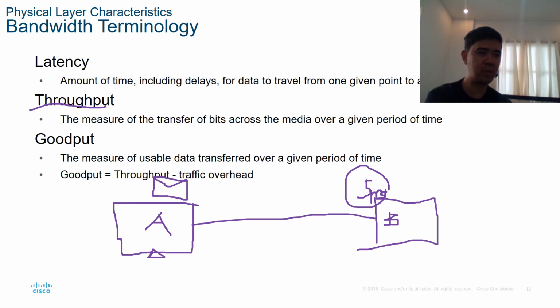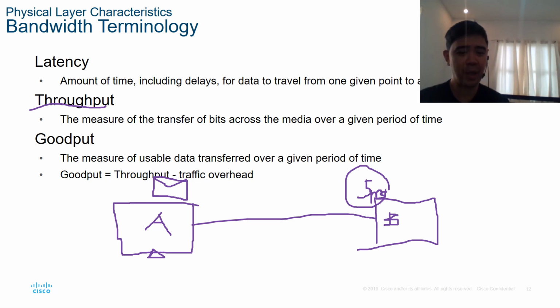We usually complain about that. It's not 5 Mbps. Sometimes it's only 500 kbps or 1 Mbps at this time or most of the time. So that actual speed that we measure, the right term for that is throughput. The measure of transfer of bits over that period of time, we call that throughput.